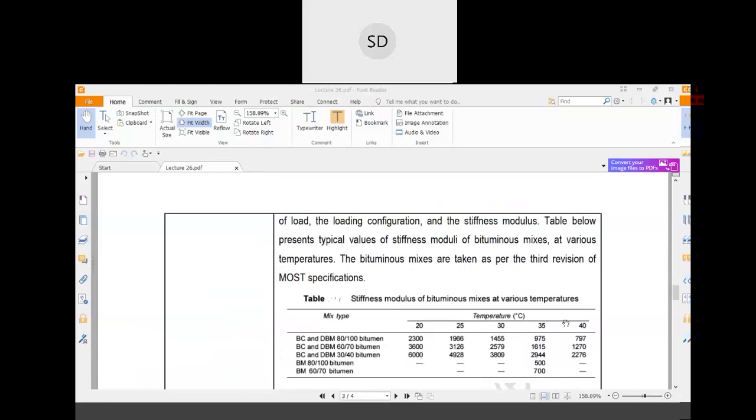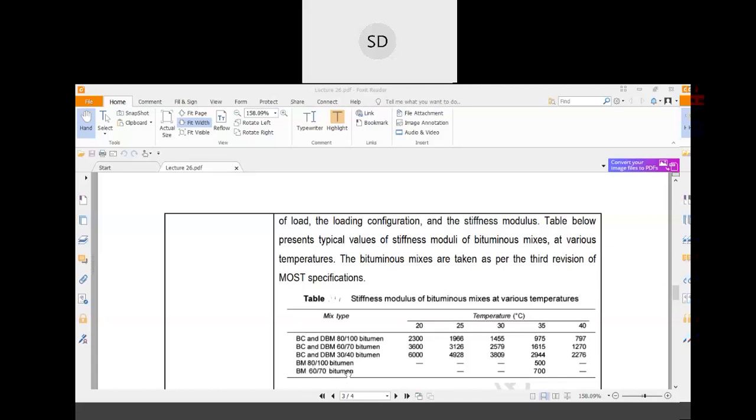Now these are the different stiffness modulus values for different types of bituminous mixes, like bituminous concrete, that is dense bituminous macadam of 80 to 100 grade of bitumen, bituminous concrete and dense bituminous macadam of 60 to 70 grade of bitumen, bituminous concrete and dense bituminous macadam with 30 to 40 grade bitumen, and bituminous macadam with 80 to 100 grade of bitumen, and bituminous macadam with 60 to 70 grade of bitumen.